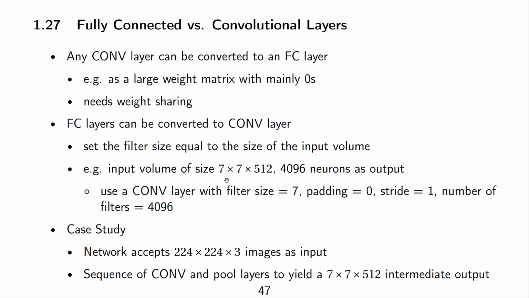Let's say we have an input volume of size 7 times 7 times 512, which is flattened, inserted into a fully connected layer, and then we have 4096 outputs. We remove this flattening and the fully connected layer, and replace it with a conv layer that has filter size 7, matching the spatial resolution, padding 0, stride 1, and 4096 filters.